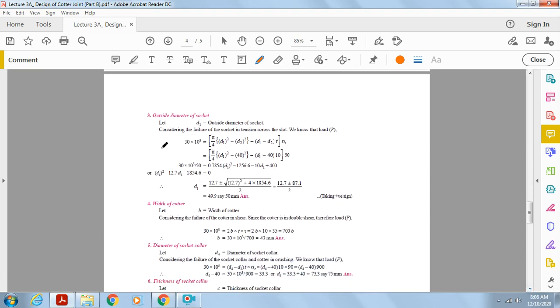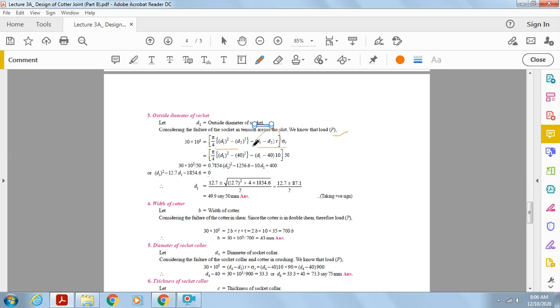Next come to the outside diameter of the socket, that is d1. Let d1 be the outside diameter of the socket. Considering the failure of the socket in tension across the slot, P equal to pi by 4 into d1 square minus d2 square, minus d1 minus d2 into t.